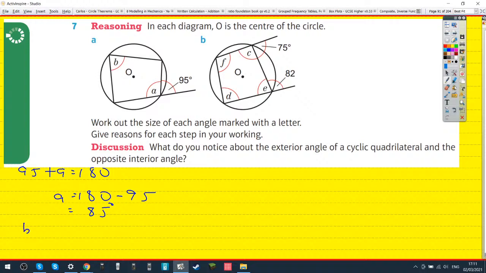Yeah. Any idea how you get B? Would you have to?